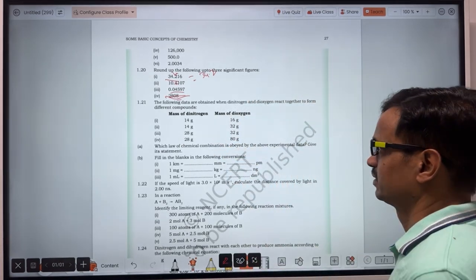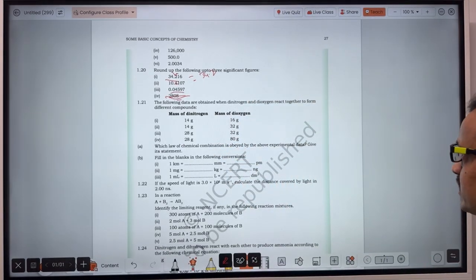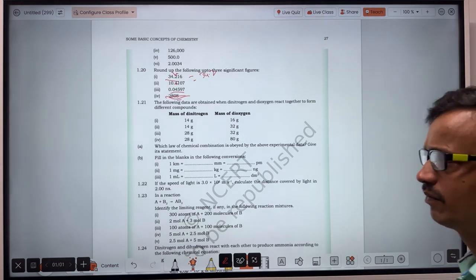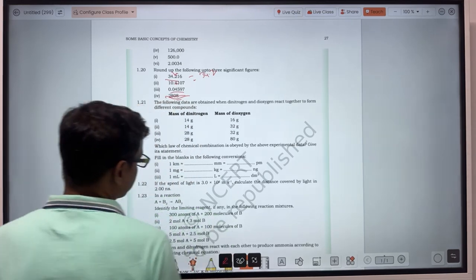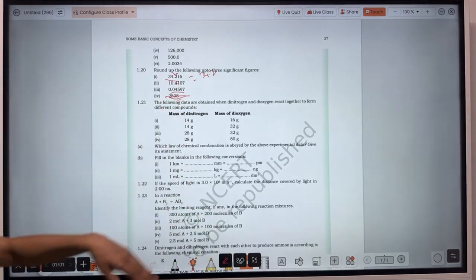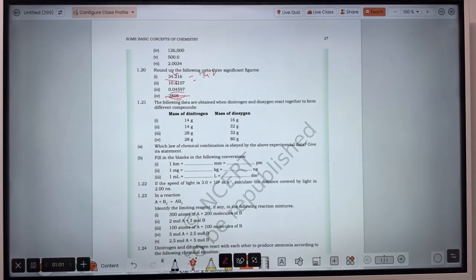Now, the following are obtained to form different compounds. Okay, which of the chemical laws is obeyed by the above data? Watch out here. In this question, which law is followed is conceptual. So I am discussing here. What is here?